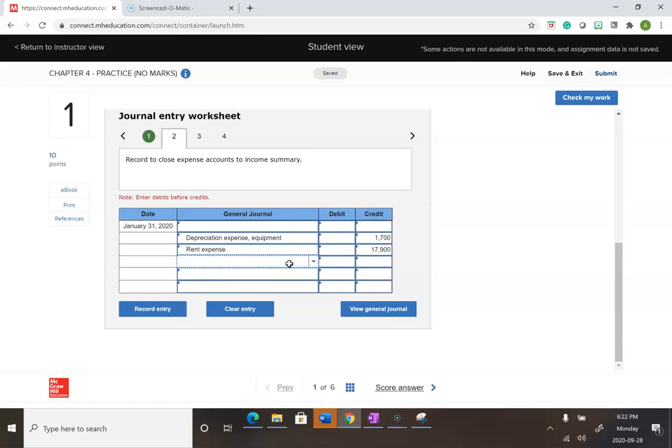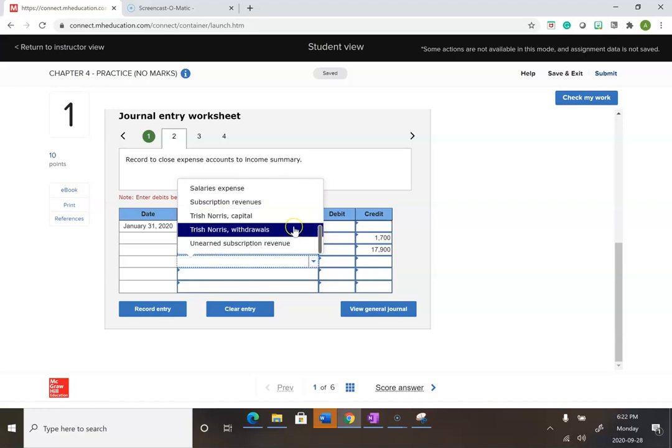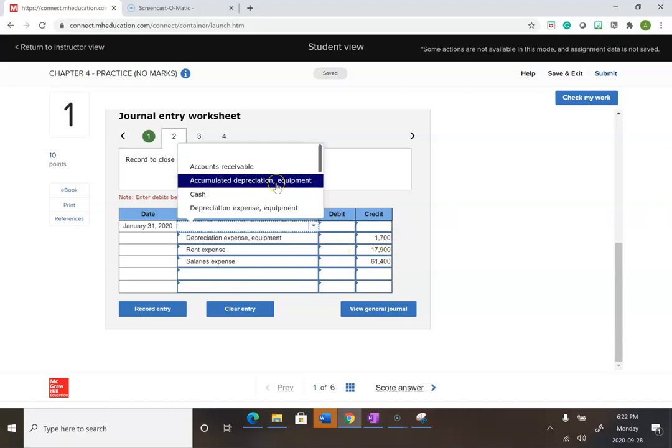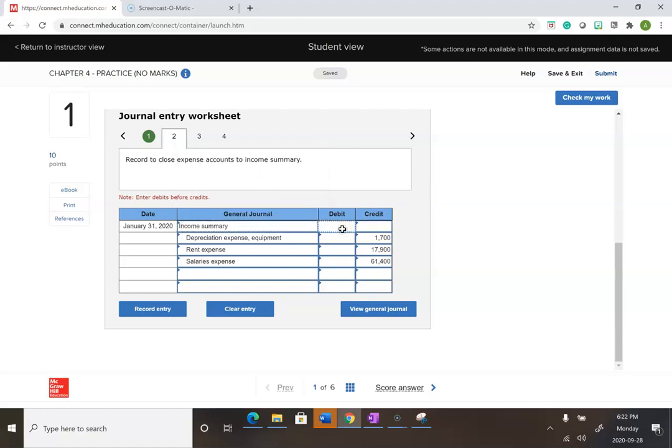And then I also had another credit for the salaries expense. So now I'm going to credit that amount for $61,400. And if I add all those debit accounts together, and I'll put it into the income summary account, that ends up being $81,000. So if I credit my expense accounts, which are always debits, that brings the balance to zero.